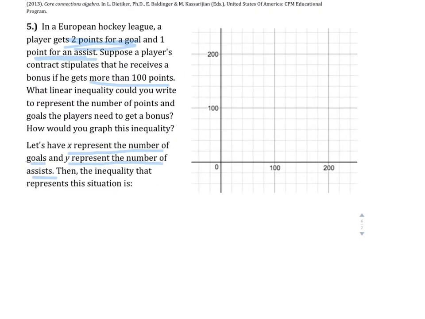So what we're going to do is write our inequality. We know that the goal is x, and each goal is 2 points. So we're going to take 2 times x, or 2 points per goal, which is x. We're going to add in our assists. Each assist is 1 point, so we're going to add 1y, so it's 1 point per assist.